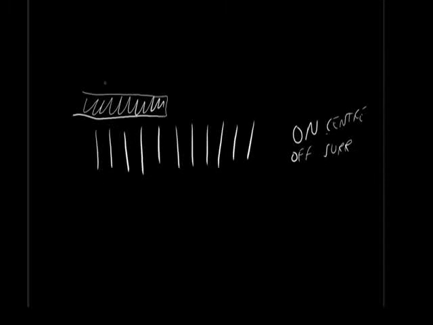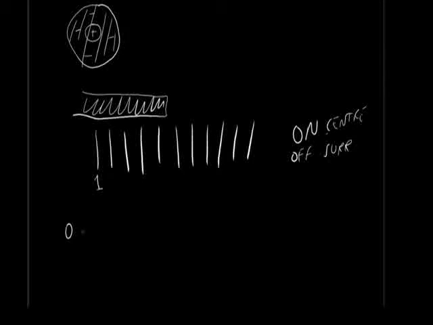Let's take the receptive fields one by one. Let's start with neuron number 1. Here's its receptive field, positive in the middle and negative on the outside. The light is on both of these areas, so they cancel out. So we get 0 for that one. Same with number 2, same with 3, same with 4.